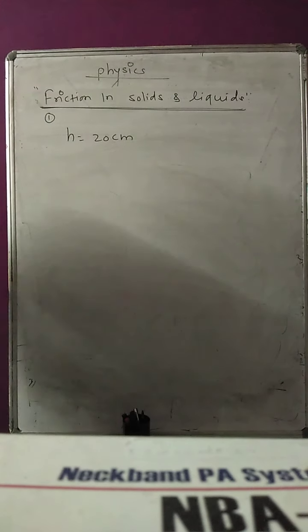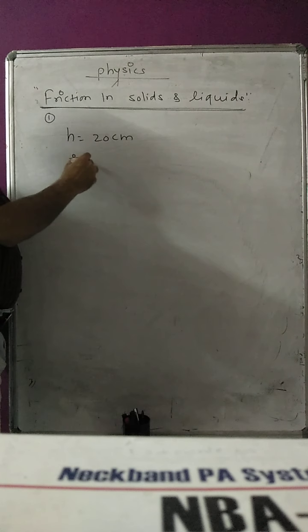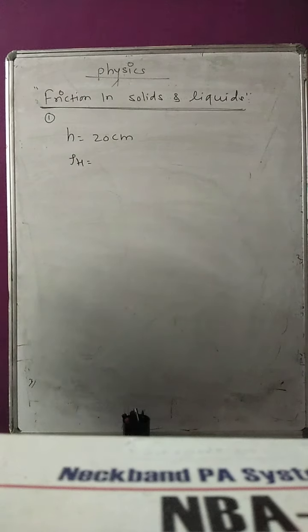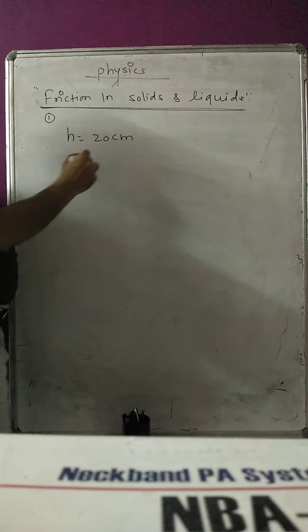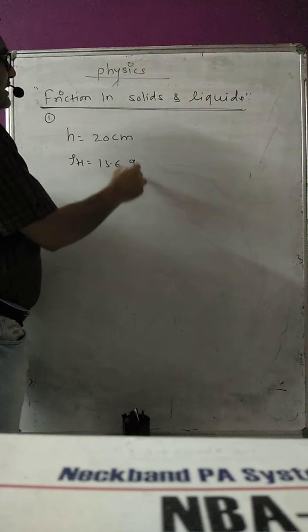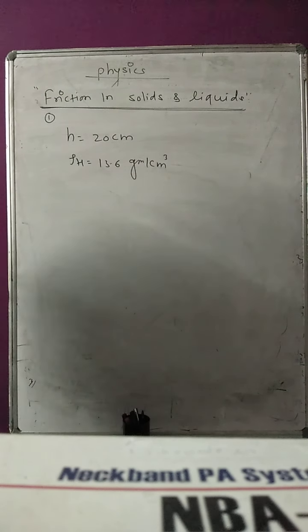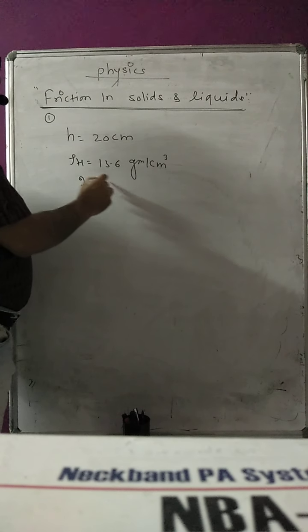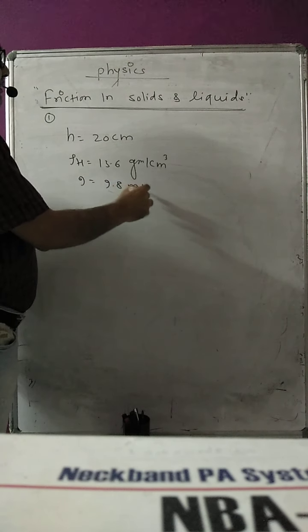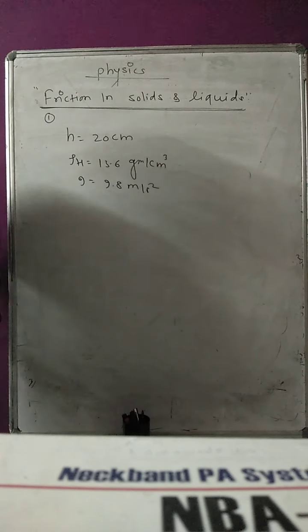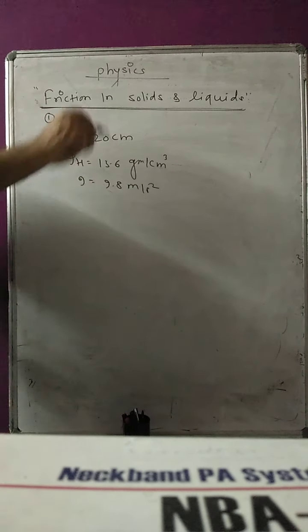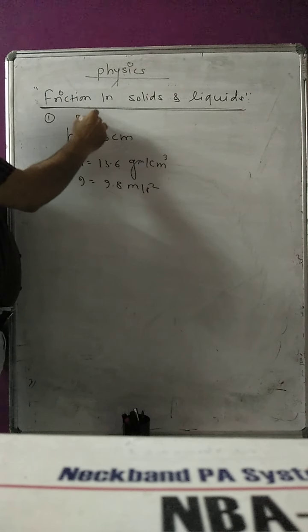The density of mercury is 13.6 gram per centimeter cube, and g is 9.8 meter per second square. What he has asked is, calculate the pressure exerted. P will be how much?